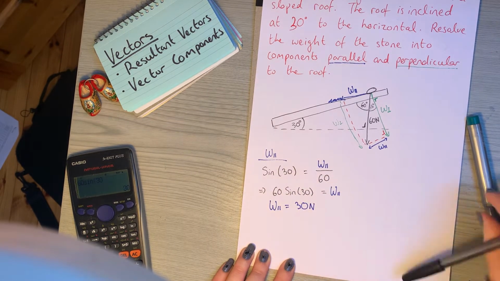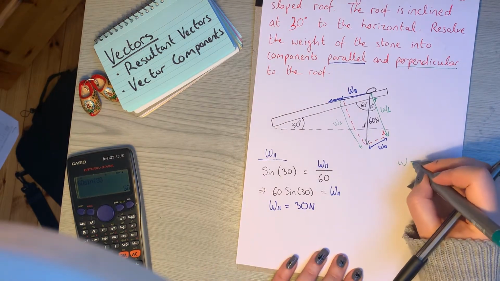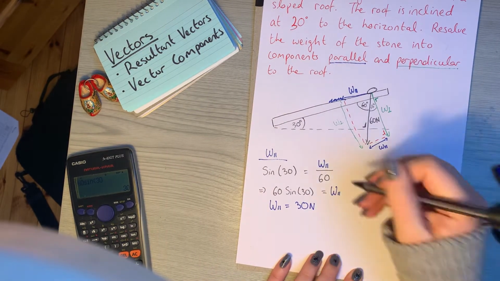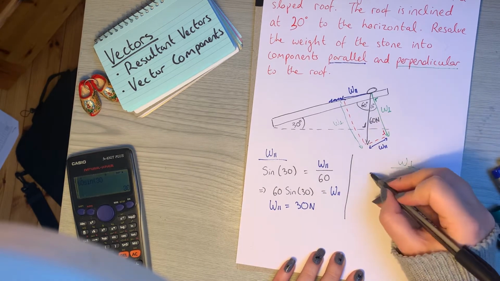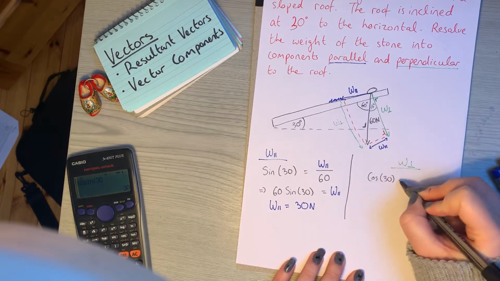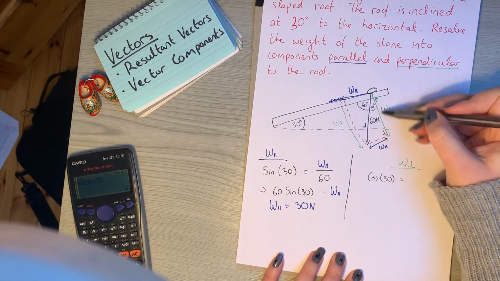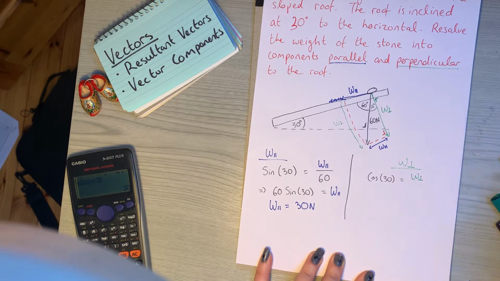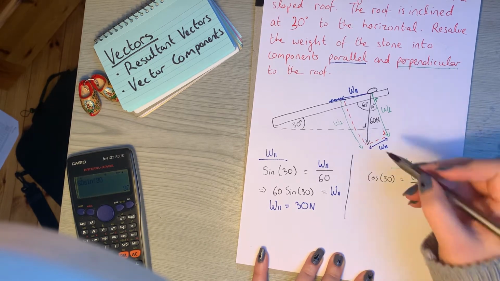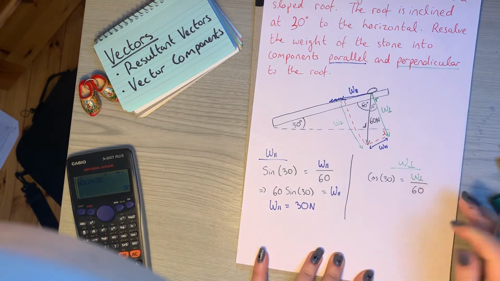Okay, and now let's have a look at our perpendicular component. So we know that cos of 30 is equal to the adjacent side, which is our perpendicular component, divided by the hypotenuse, which is 60.